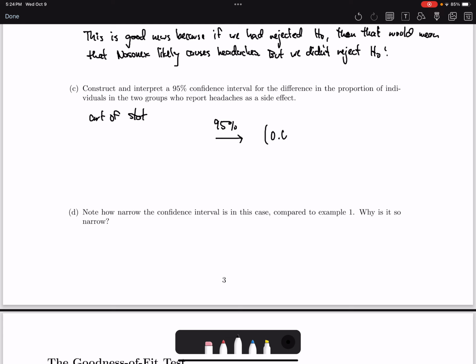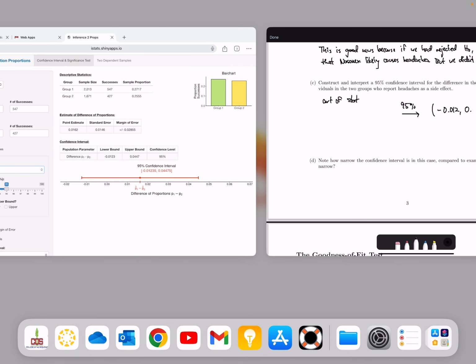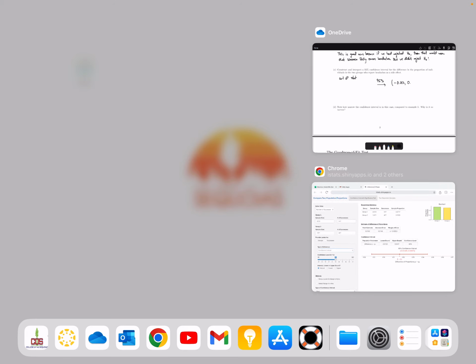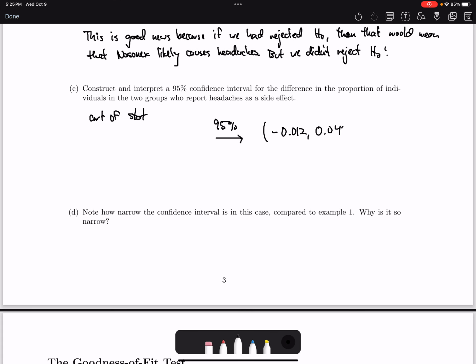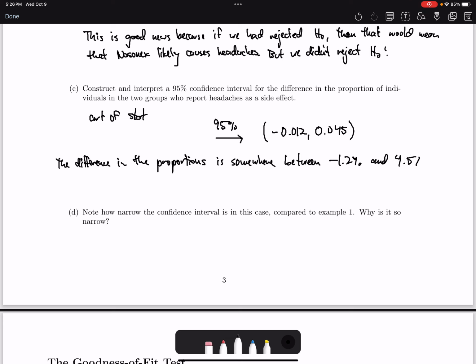It was negative 0.012 to 0.045. The difference in the proportions is somewhere between negative 1.2% and 4.5%.